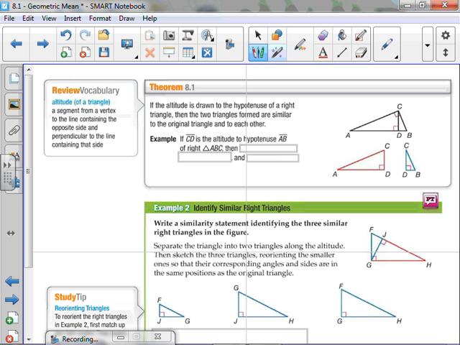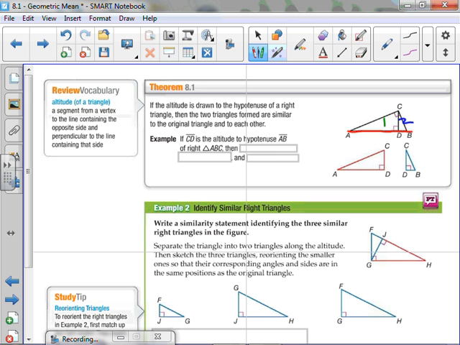Okay. So here's what theorem 8.1 says: the altitude drawn to a hypotenuse. So big part of it right now, this has to be the hypotenuse. It doesn't work if we're drawing a different altitude. So if we draw an altitude to a hypotenuse, then the two triangles, triangle 1 and triangle 2, are going to be similar to the big triangle.